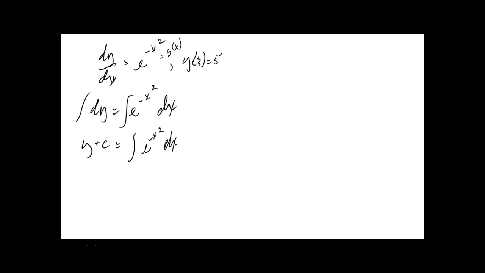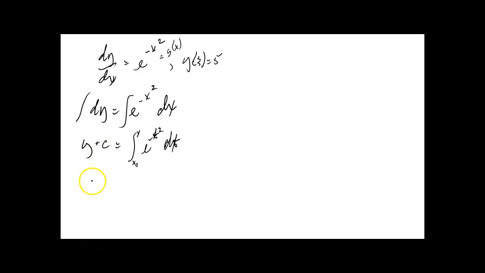Now, what we're going to do, based on the last problem, is write this as the integral from x0 to x, and change these to t's. Remember when we did that.